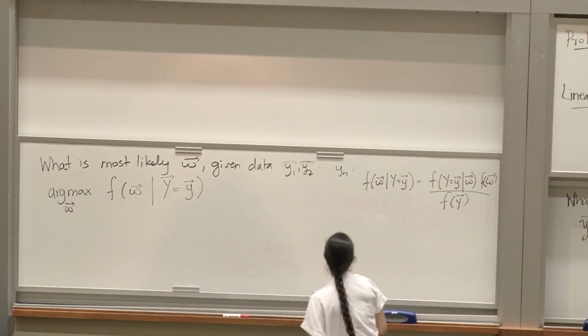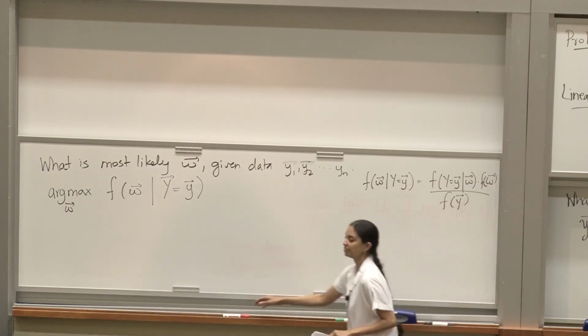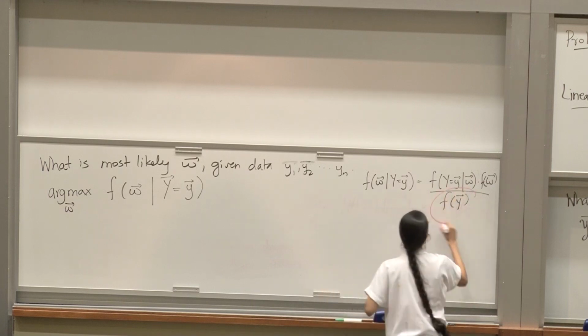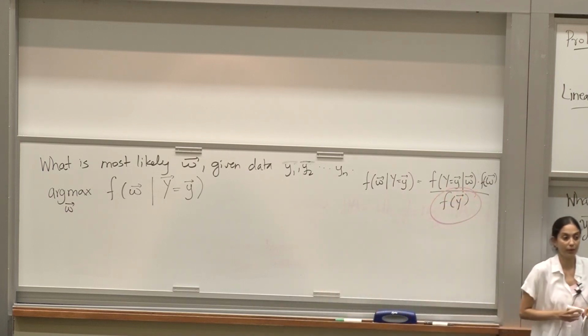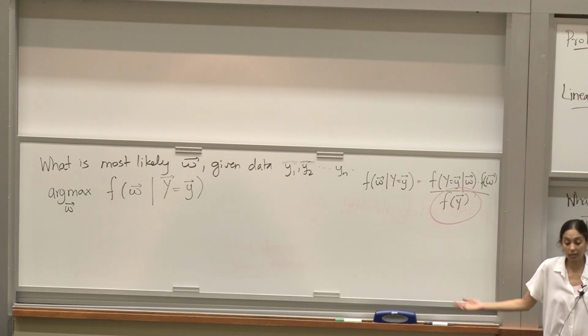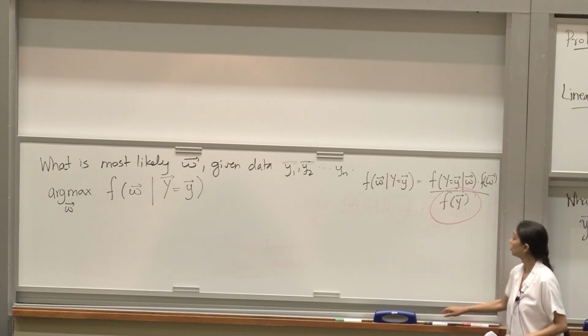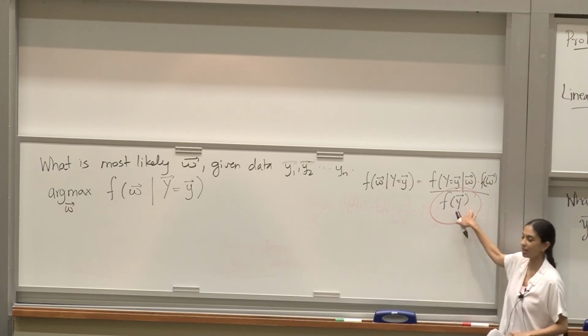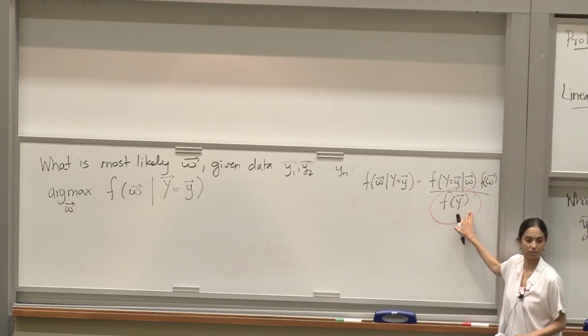Now when I'm doing this argmax, the denominator doesn't depend on W at all, right? Your data is what it is. Its density is what it is. It was very likely data, or it was very unlikely data, you can't do anything about it. The die has been rolled. You've observed what you're going to observe. So when I'm writing this argmax, I can basically ignore it as a constant.